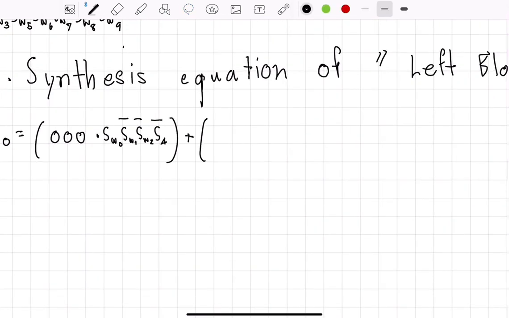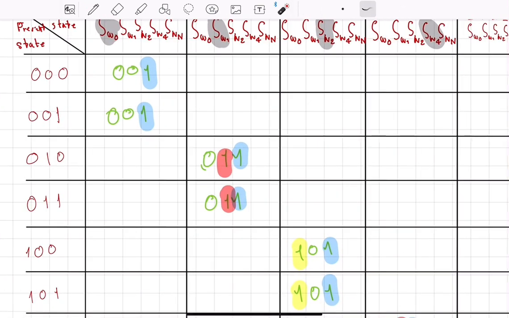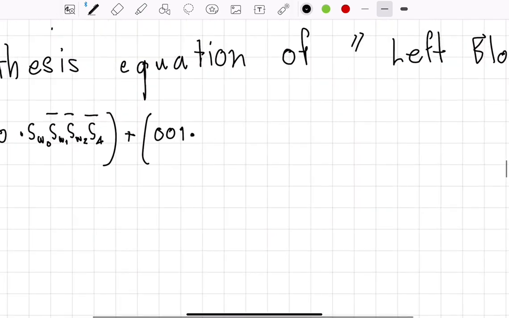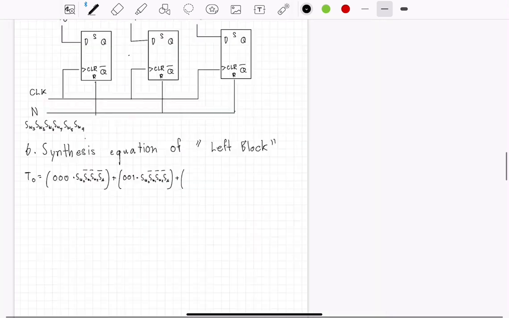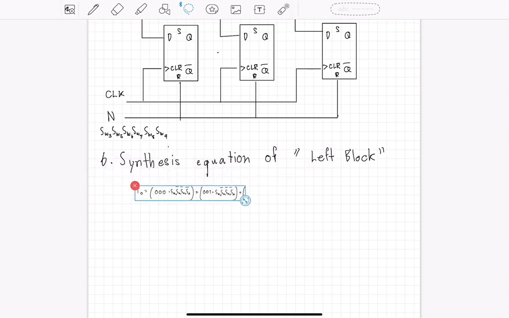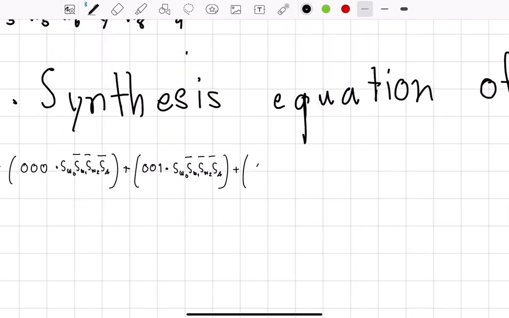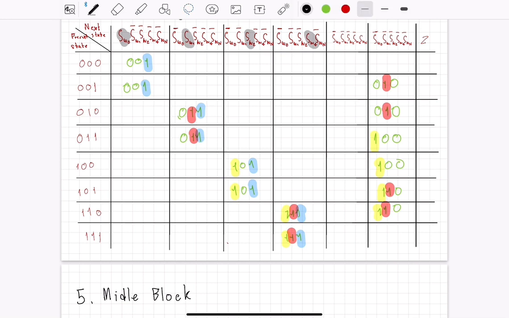Put switch 0 and leave in 001. Leave in 01. Alright. That's right. And one leaves in state 6.